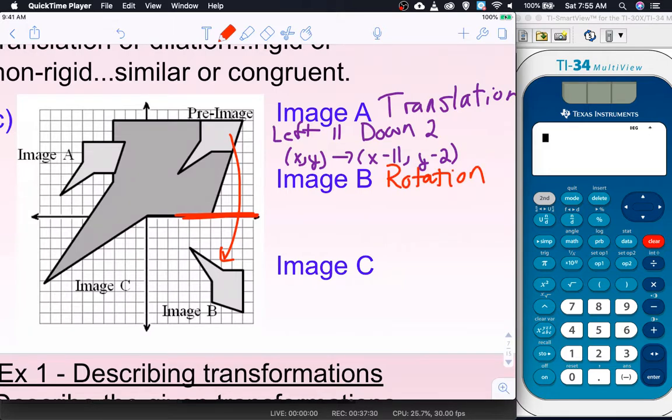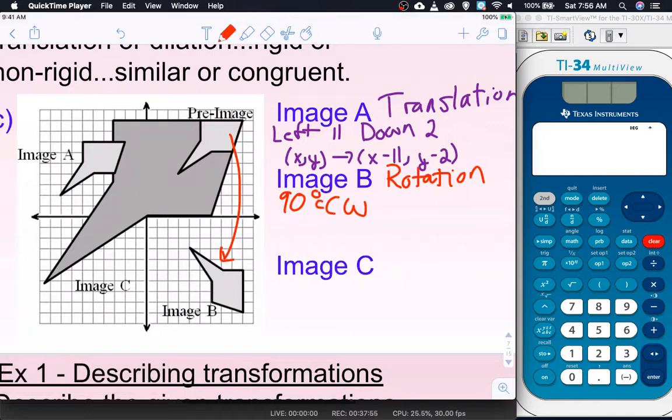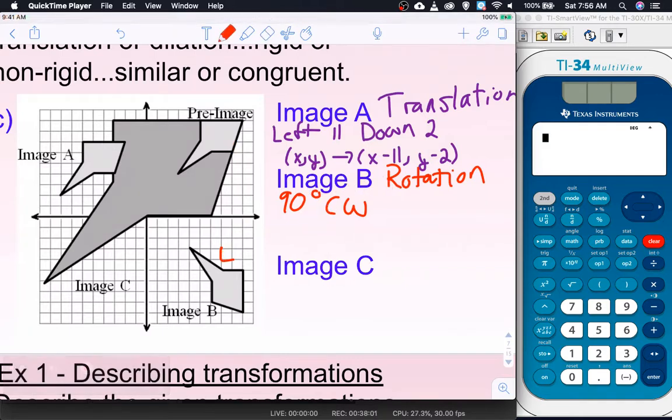Okay, rotation. How? How many degrees? Which direction? Where's the center of rotation? So this is a rotation of 90 degrees clockwise. We can just substitute CW for clockwise, or you can write out the whole thing. If I was going to say counterclockwise, we'd use CCW. But a rotation 90 degrees clockwise already is a pretty good description.